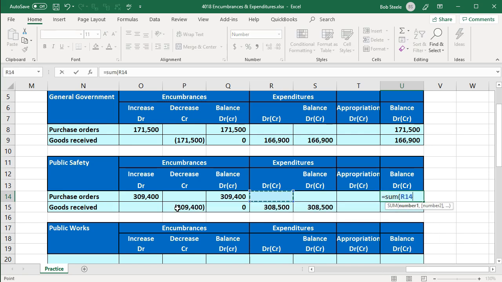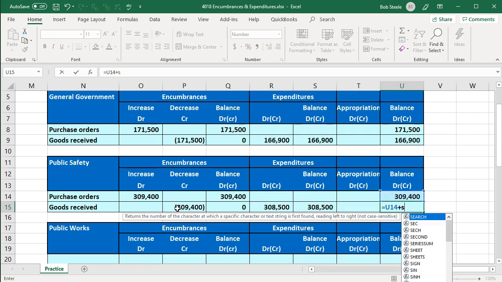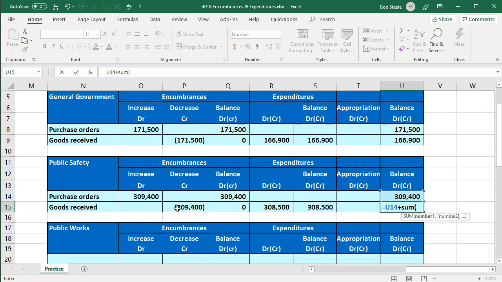We're going to pick up the activity, which is going to be these two accounts, brackets, plus the activity and the expenditure, which is this guy, and enter. Second number is going to be equal to the prior balance plus the sum of these two cells, brackets, plus the activity, the 3085, and enter.